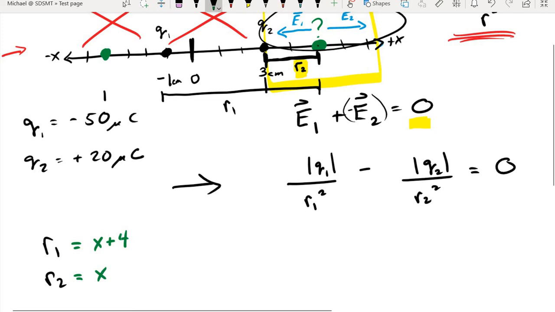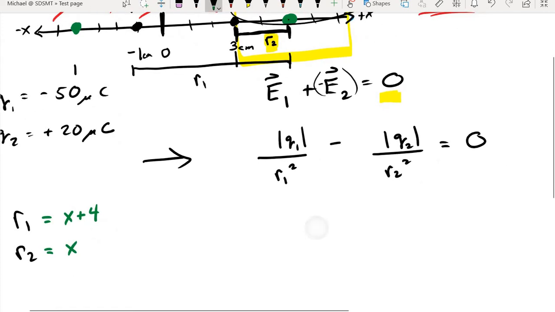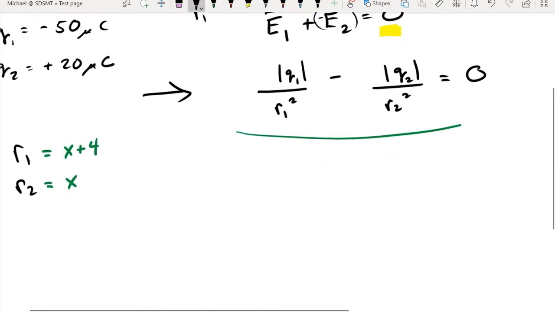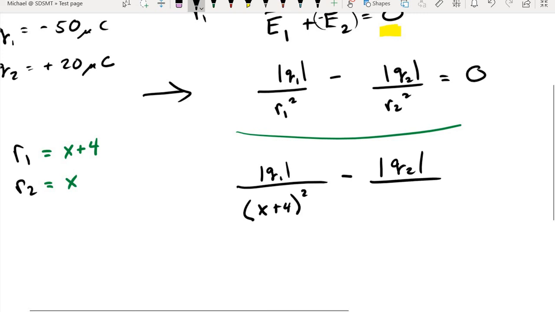And these values are then going to be inserted into this expression. All right, Q1 over R1. R1 is now (X plus 4) squared, minus Q2 over R2, which is now just X squared. All that has to equal 0.